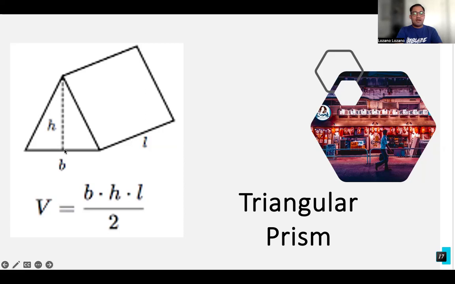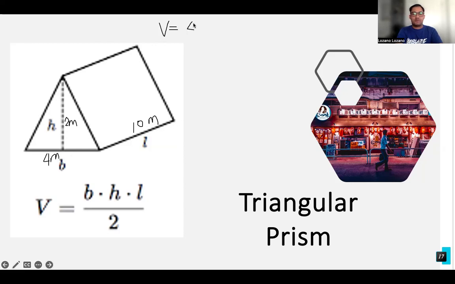Let's say we have a height of 2 meters, length of 10 meters, and 4 meters by the base. Okay. Again, gagamitin lang natin yung formula, base times height times length divided by 2.